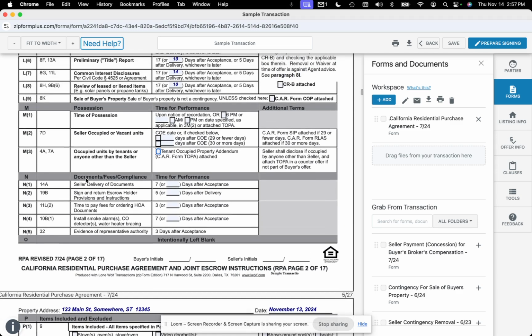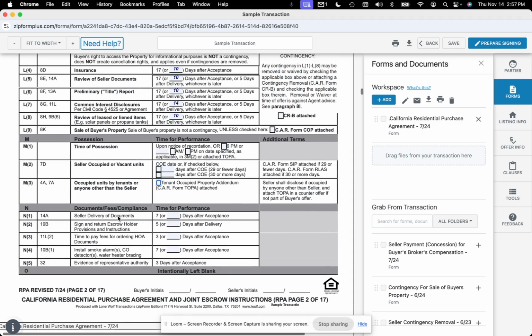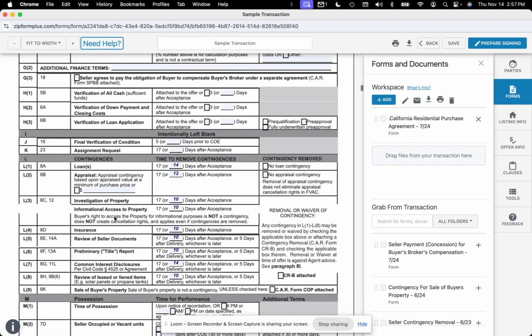And then we have the documents, fees, and compliance delivery, the time for performance. So this is section N, seller delivery of documents. If you want to learn what these documents are referring to, go see section 14A. But again, it is the documents which they have to provide to you for your inspection period. Right?